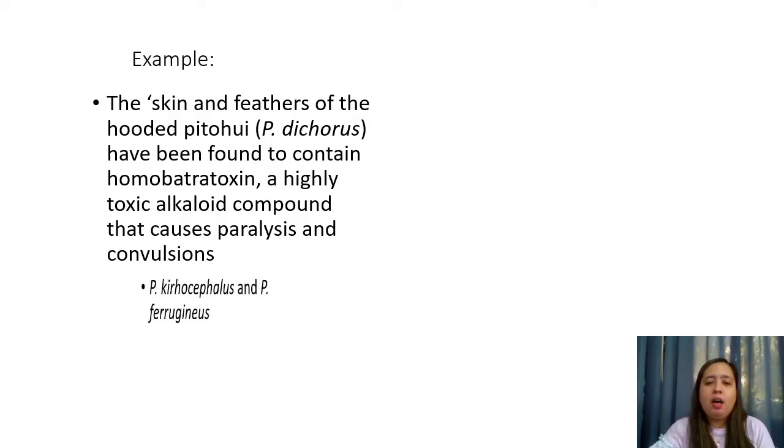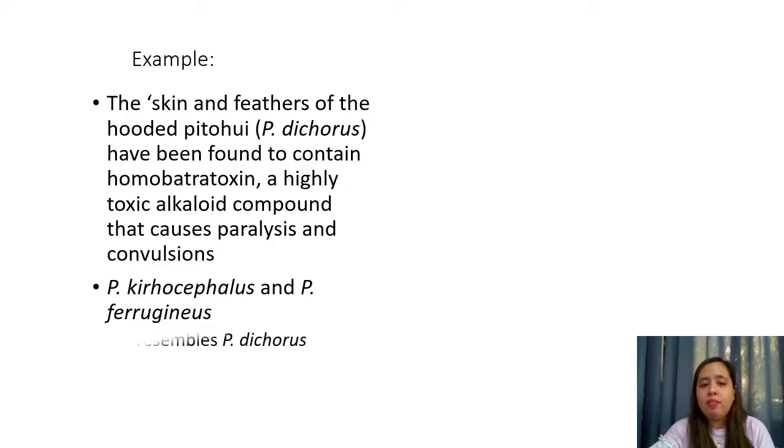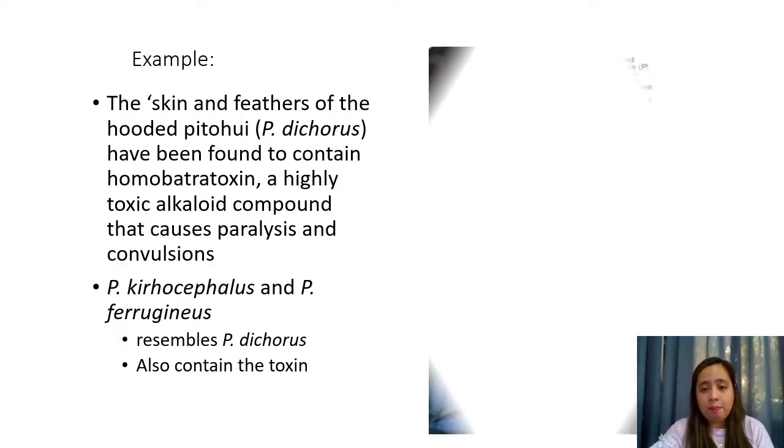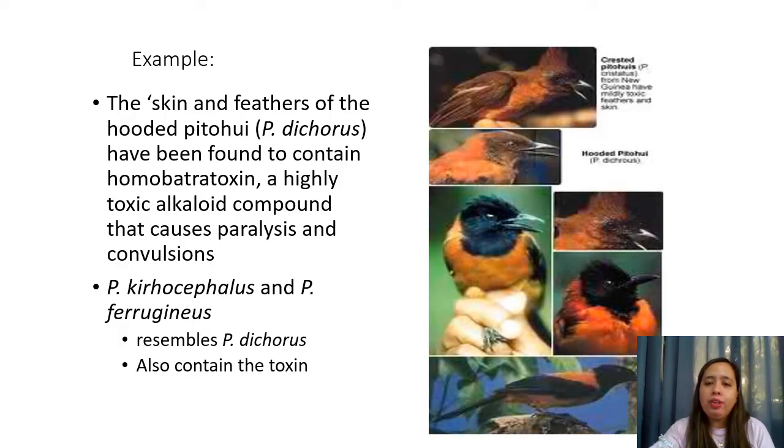So for some of these hooded pitohui, for example, we have here your Pitohui dichrous, Pitohui kirhocephalus, and Pitohui ferrugineus. They resemble Pitohui dichrous. They also contain the toxin homobatrachotoxin, but compared to the dichrous, the amount of homobatrachotoxin they have is small. In here, most of these are different species of hooded pitohui.